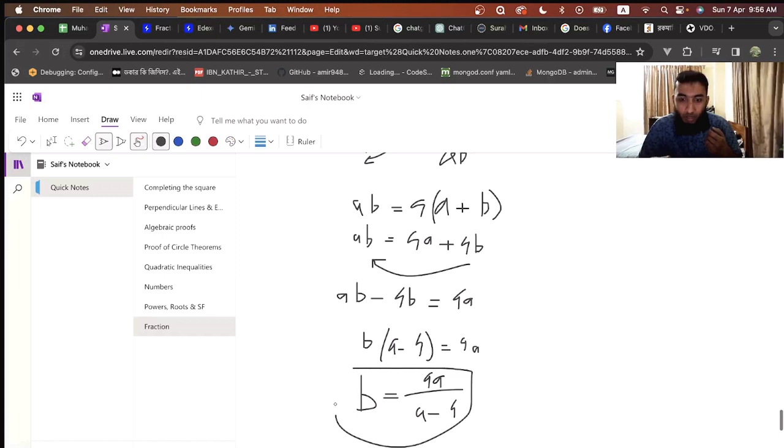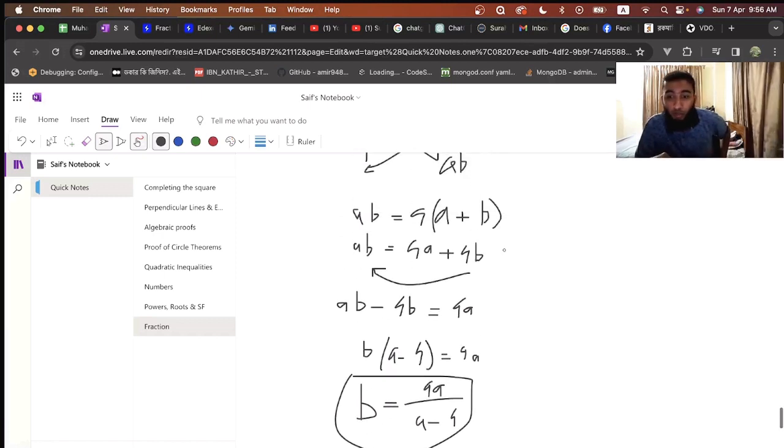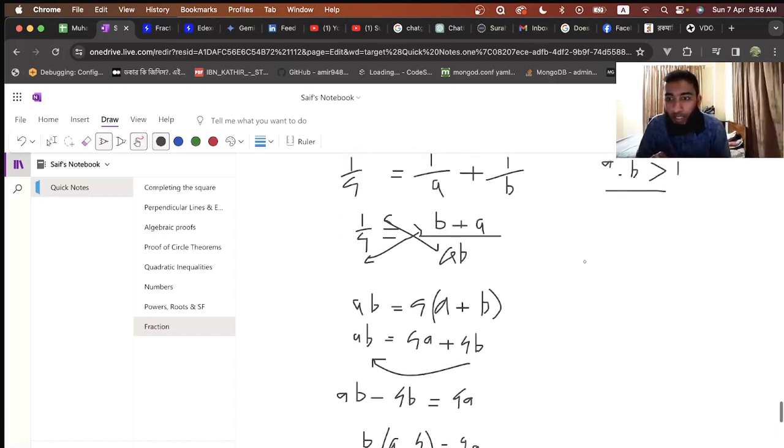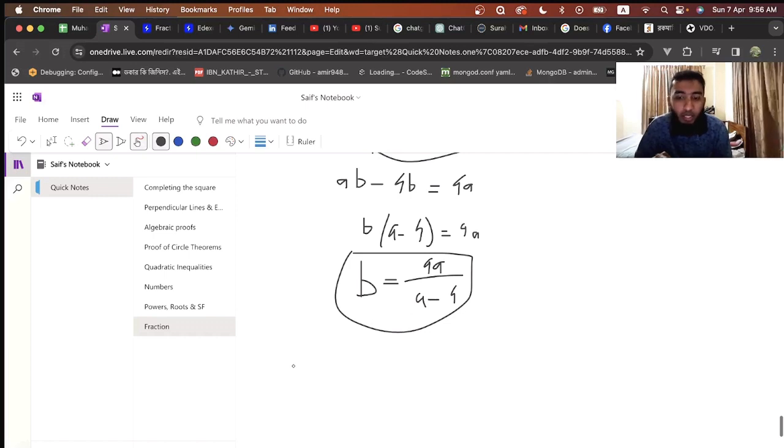So this is the equation with a and b. Now let's use some numbers. Because a and b are greater than 1, let's say a is something like 3. So if a is 3, what is b?